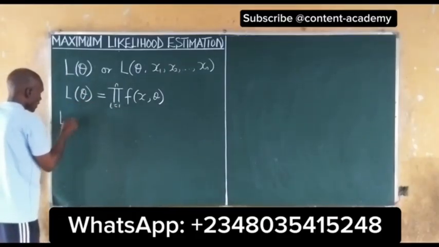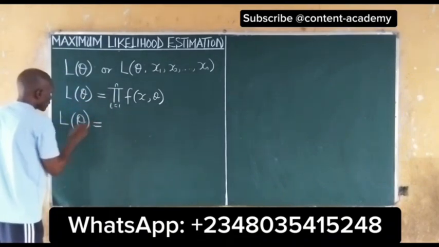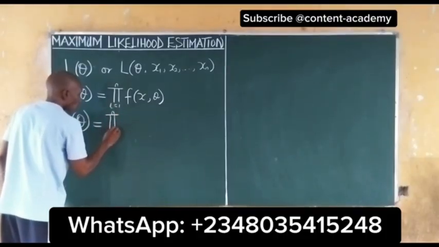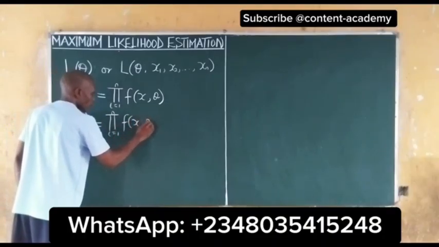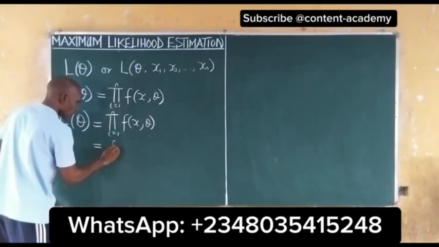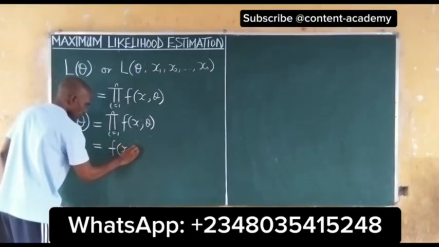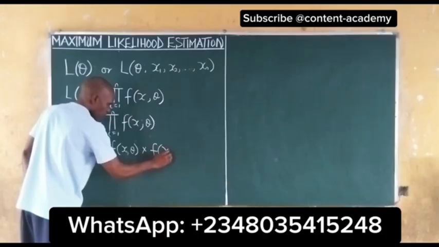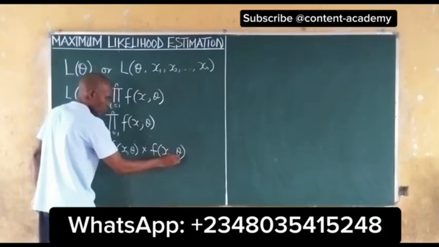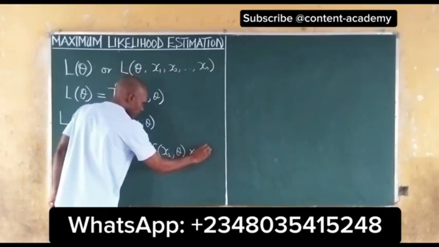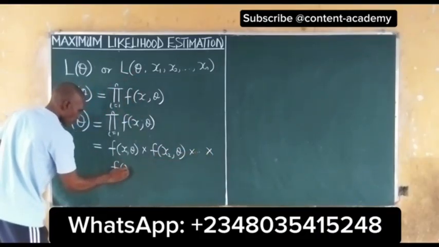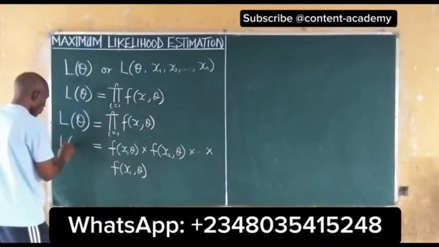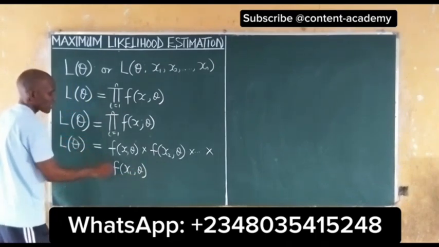Just like we have said here, if the likelihood function is this product, as i goes from 1 to n, the joint density becomes f of x1, theta multiplied by f of x2, theta, multiplied by, it continues like that, to f of xn, theta. So this becomes our likelihood function.